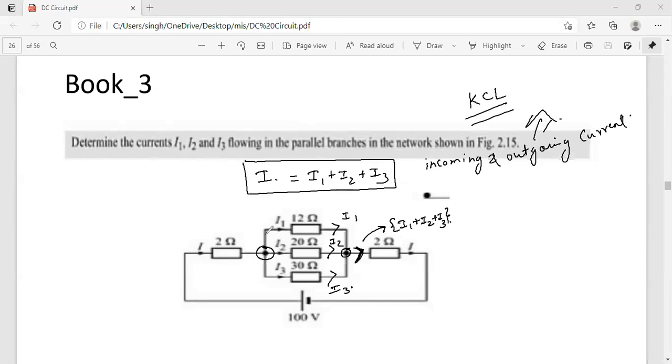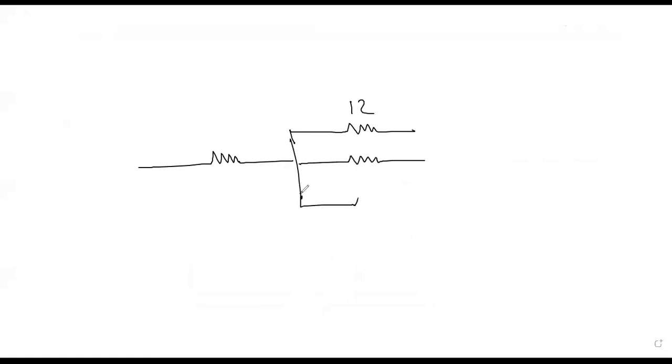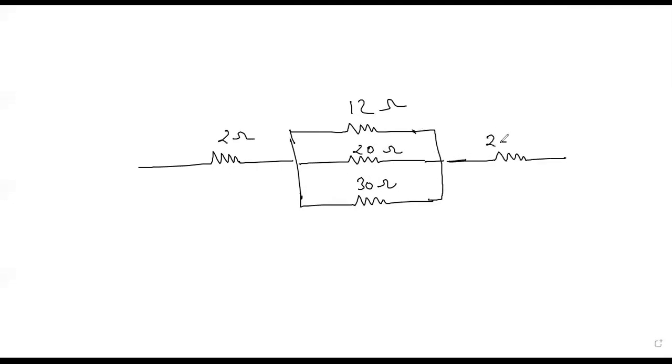Now suppose this is a circuit diagram. You just remember the values 2, 2 and 12, 20, 30. This is 2 ohms and this arrangement is connected again to 2 ohms.